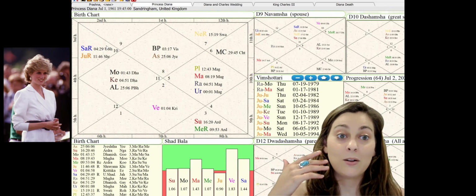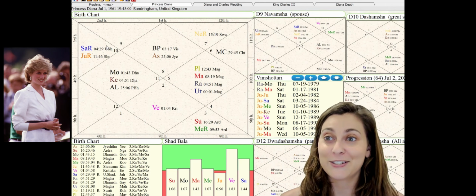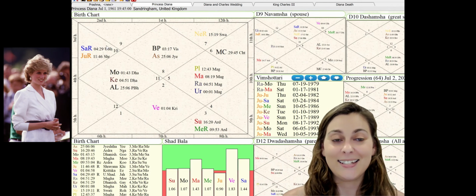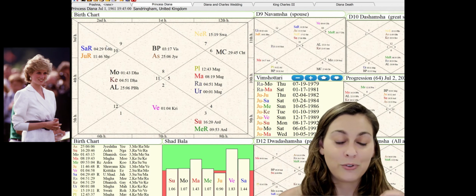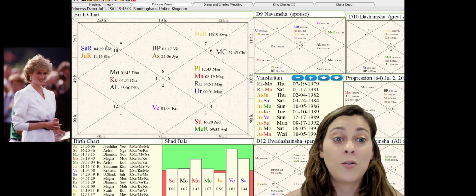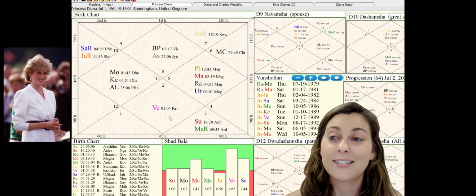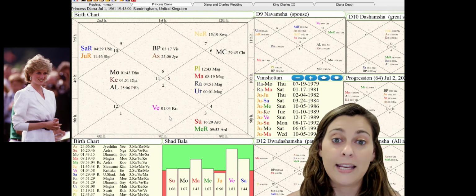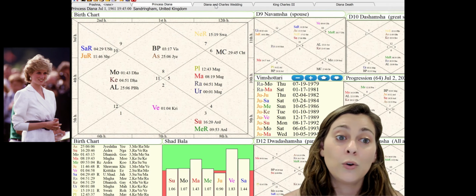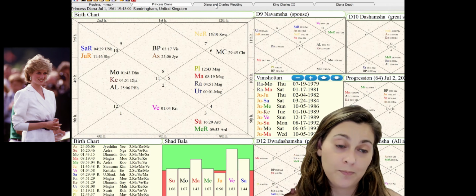So, I mean, we could keep going. I could show you every little house of her chart and what it's influenced by, and we could spend a lot of time doing that. But I find it more interesting to look at, because there's just so much out about her already, her relationship and some transit timing.